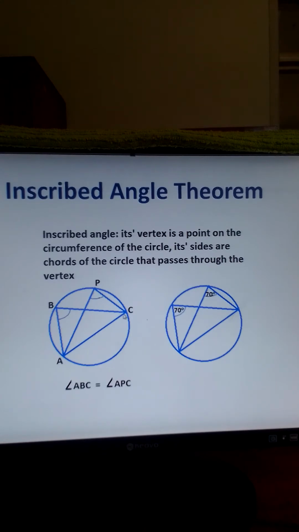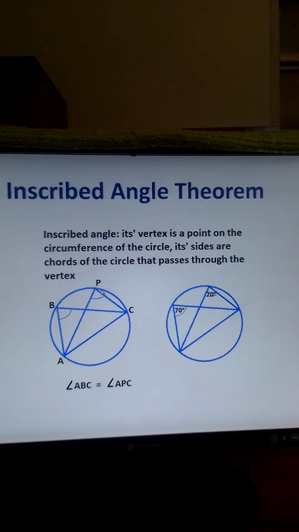ABC is an inscribed angle, and the vertex B is a point on the circumference of the circle, and its sides AB and BC are chords of the circle that passes through the vertex. That is this circle which passes through this vertex P.